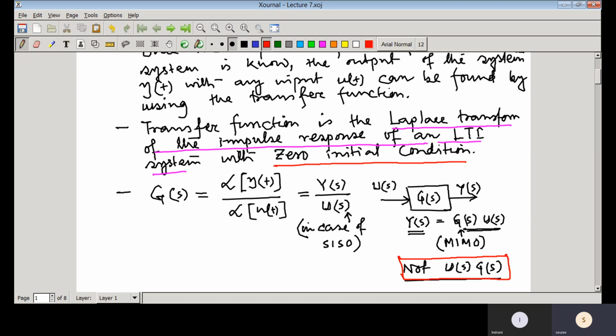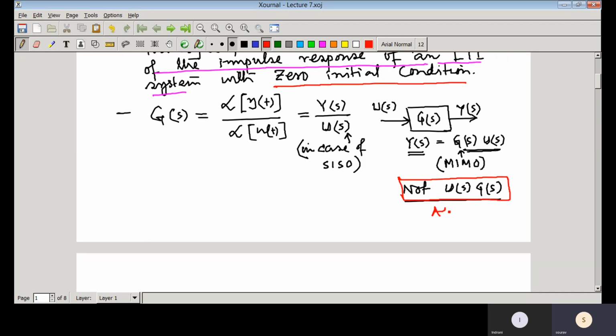you know that AB is not equal to BA. From matrix algebra, AB is not equal to BA, and you can see here U(s) is a vector, because if it is a multi-input multi-output system, suppose U(s) is a vector that has two inputs U1 and U2, and G(s) is a transfer function matrix.